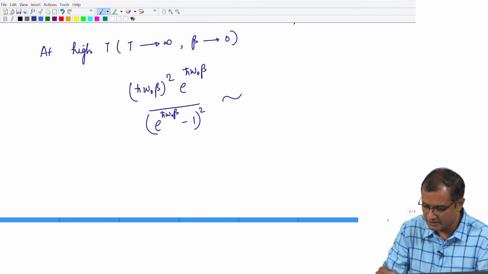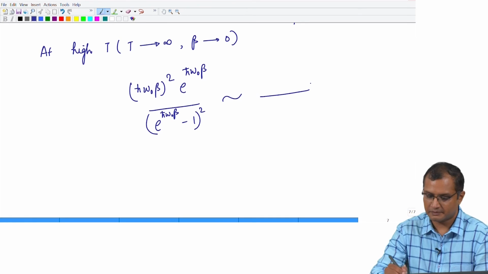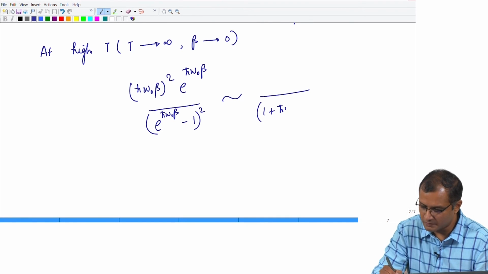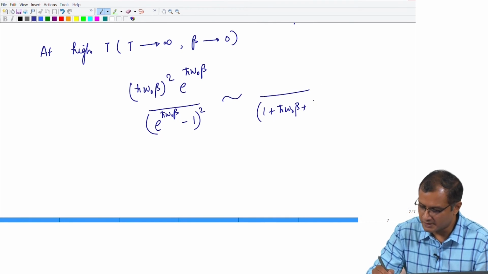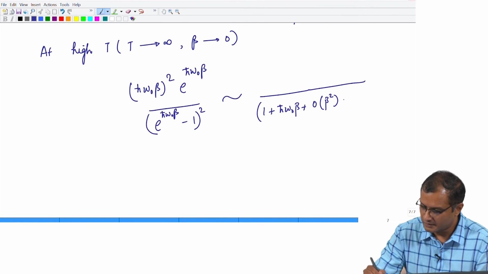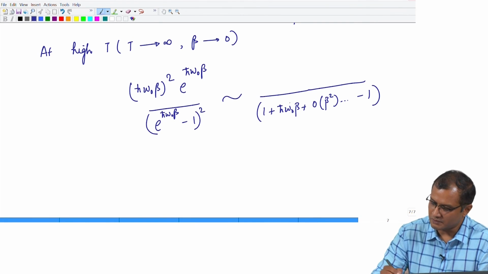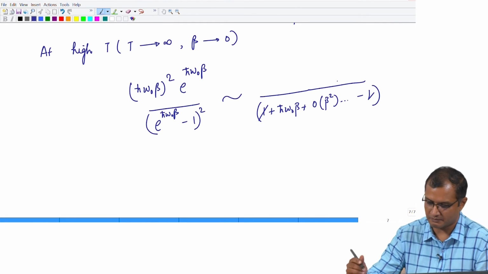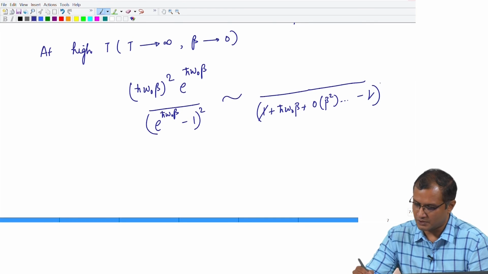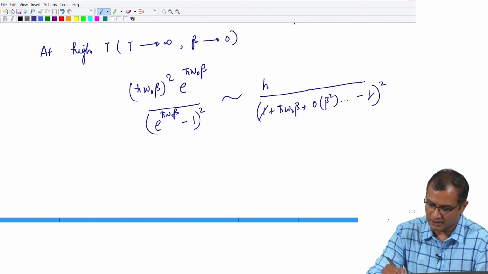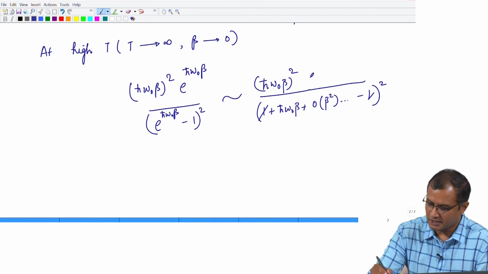So, if you look at the denominator, this is 1 plus h cut omega 0 beta plus order beta square, then minus 1. So, I am going to drop this to 0. So, this 1 cancels off, and what you have is just the denominator going as h cut omega beta the whole square, and you got a numerator h cut omega 0 beta the whole square, and you got h cut omega 0 beta.